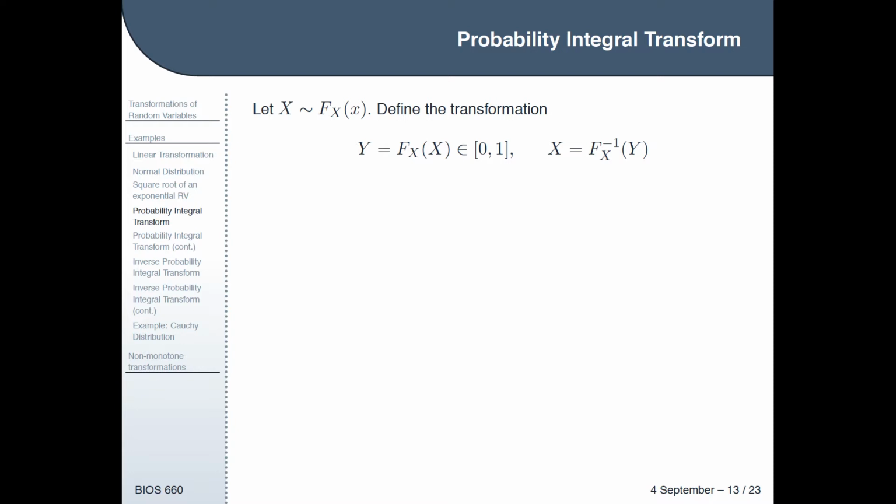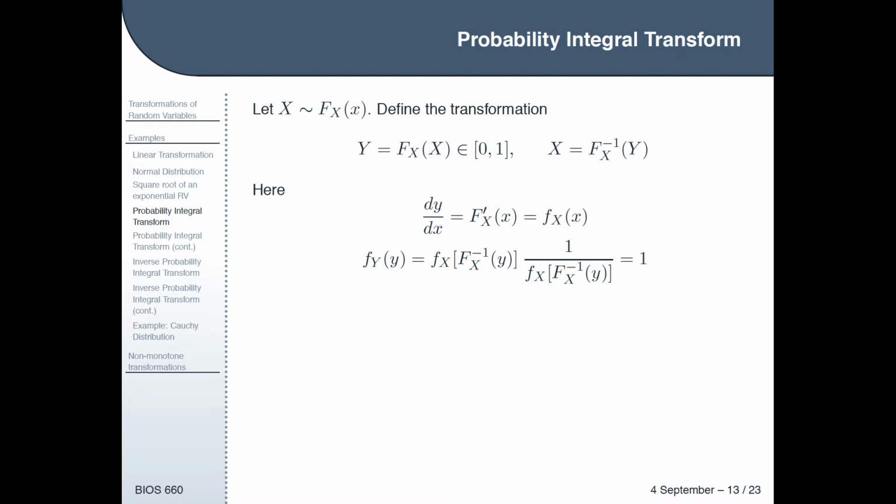So let's define a random variable y to be f sub x of x. In other words, we're taking a random variable and plugging it into its own cumulative distribution function. Here, just for the sake of simplicity, we'll assume that the distribution function is strictly increasing, so its inverse exists. There are ways to do it when that's not the case, but it's a lot hairier, and it's not commonly done in practice, so I'm not going to worry about it.